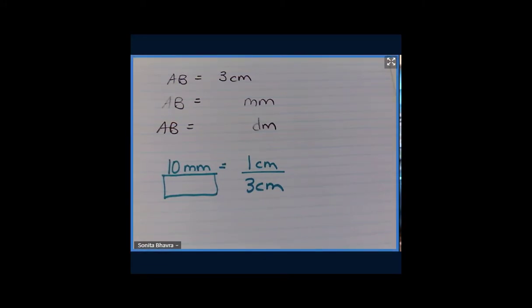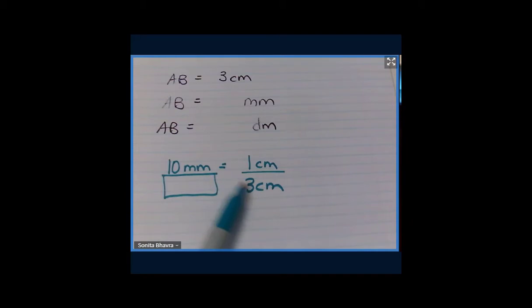And again, you can set this up with the ratios that were given. Then you can use equivalent fractions, or you can use cross multiplication. Cross multiplication always works because if you end up with decimal numbers, then you don't have to worry about it like you would if you're just using equivalent fractions.